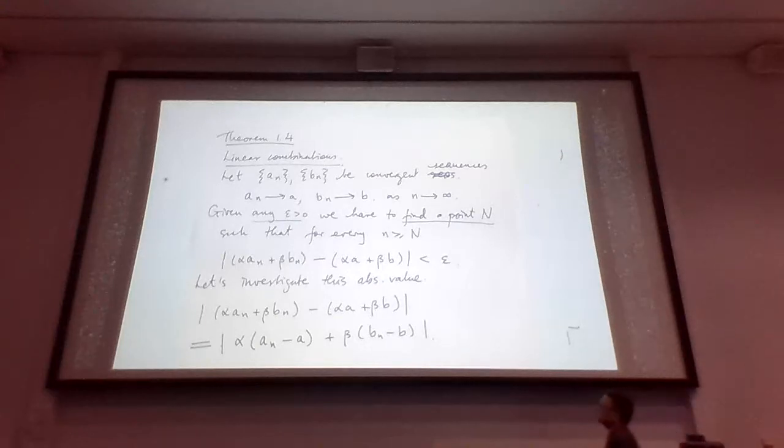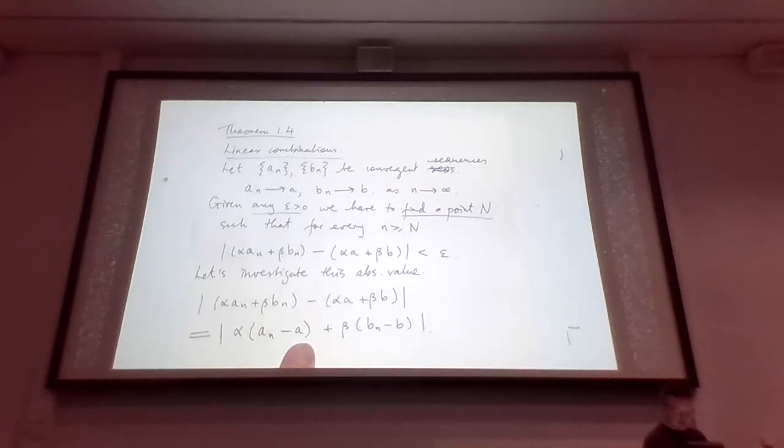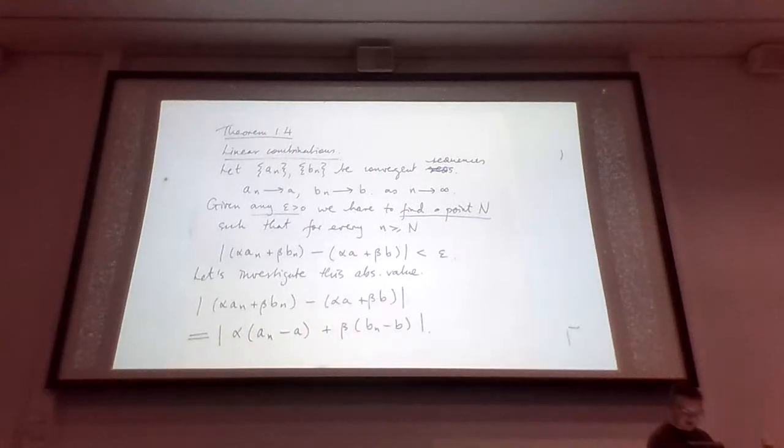That is just an algebraic rearrangement of the contents of the absolute value. Alpha a_n minus alpha a, you factor out the alpha, so it's alpha times (a_n minus a). And then you've got beta b_n minus beta b, so you factor out the beta, so it's plus beta times (b_n minus b).